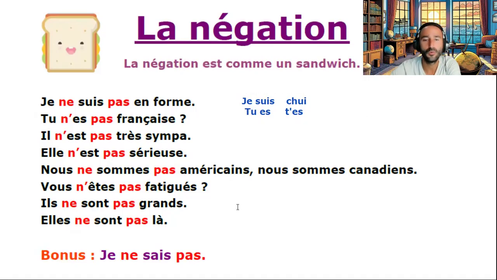It's not always the same with French people. Here we have a sentence: je ne sais pas. Alors, if you say je sais, it means I know. But if you say je ne sais pas, it's I don't know.